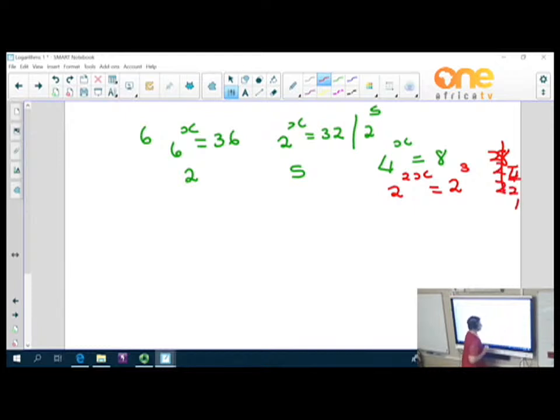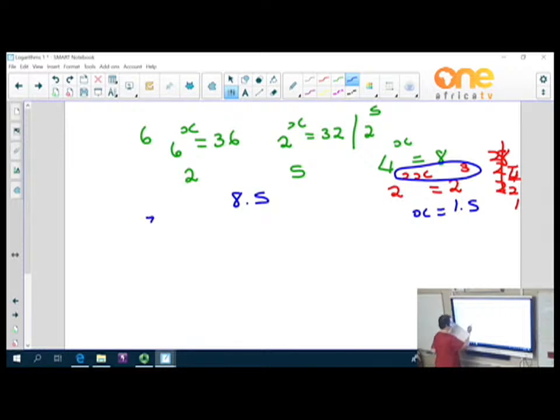That's how I get the 3. And now, because my bases are the same, I solve the indices. So x is equal to 1.5. And now if you add it, 2 plus 5 plus 1.5, the answer is 8.5.